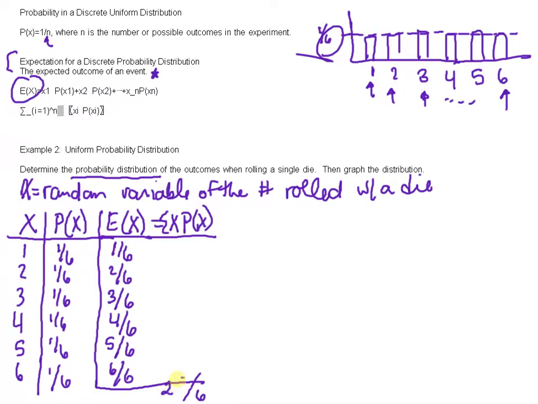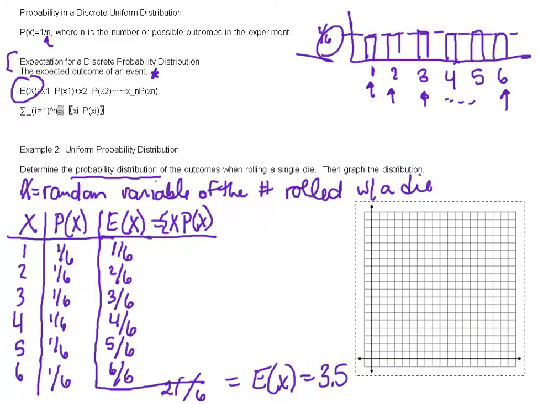So the answer is 21 over 6. And if you calculate this, it's going to be 3.5. So the expected value is 3.5.